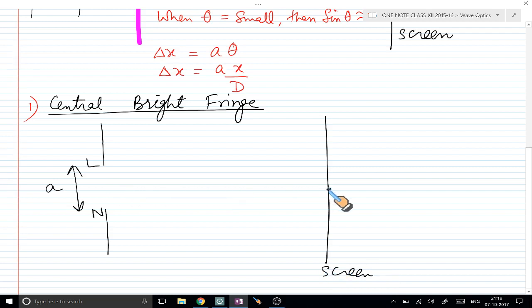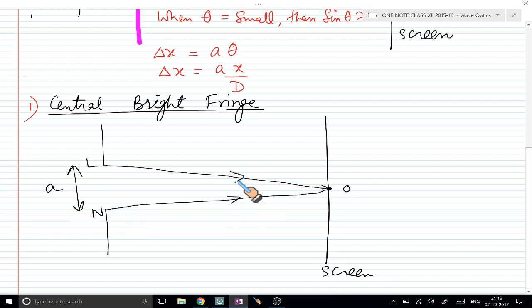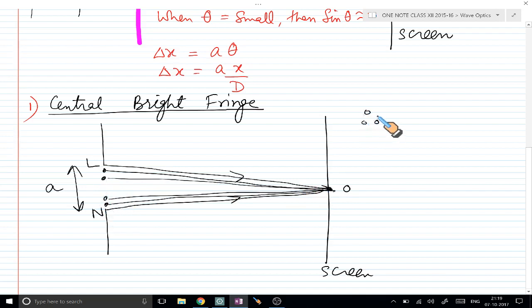The center of the screen is O. All the wavelets from L to N, let us take these two wavelets, reach O with a zero path difference. These two wavelets also reach O with a zero path difference, and so on. Therefore, all wavelets reaching this O have a zero path difference.